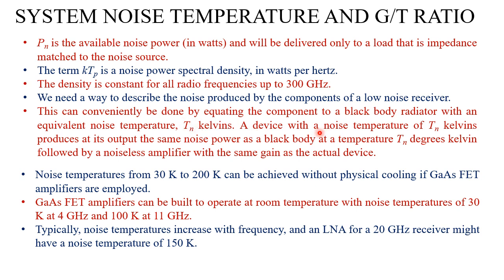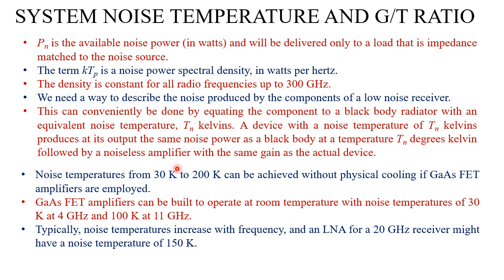A device with a noise temperature of Tn Kelvin produces at its output the same noise power as a black body at a temperature Tn Kelvin, followed by a noiseless amplifier with the same gain as the actual device. So this is how we define the noise temperature or equivalent noise temperature.